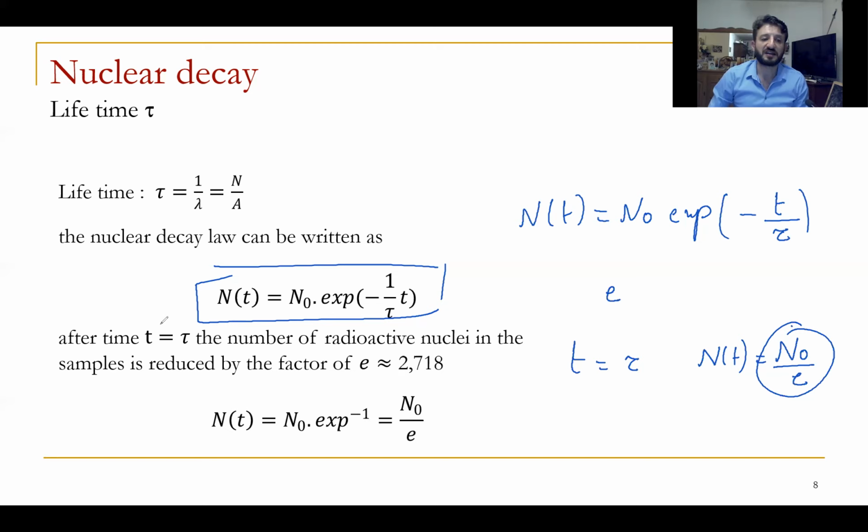We can say at time t equals tau, we substitute the value of t by tau.